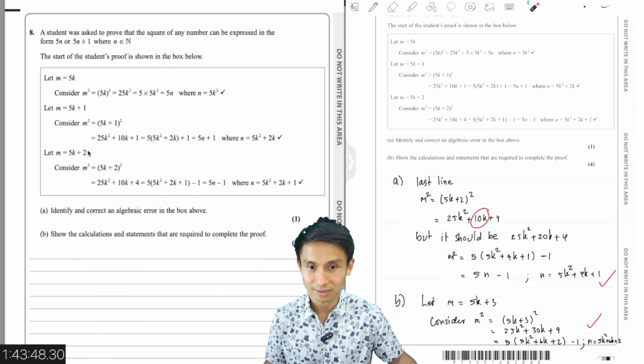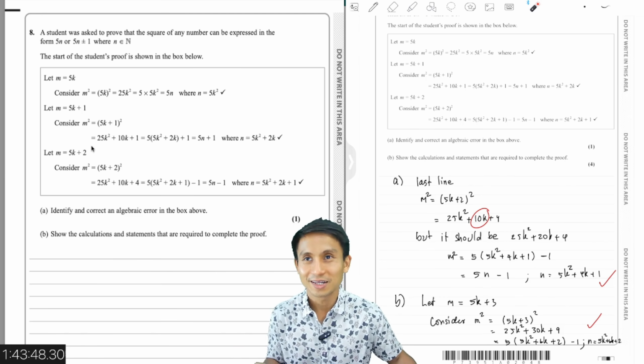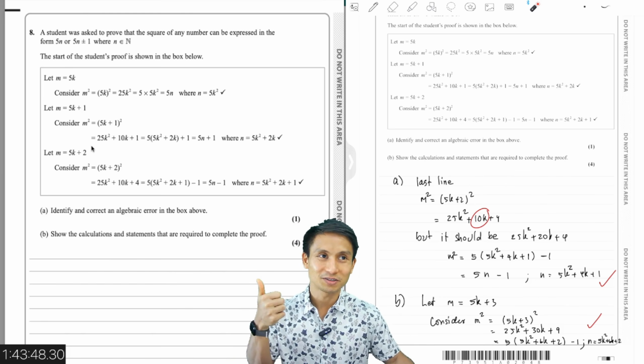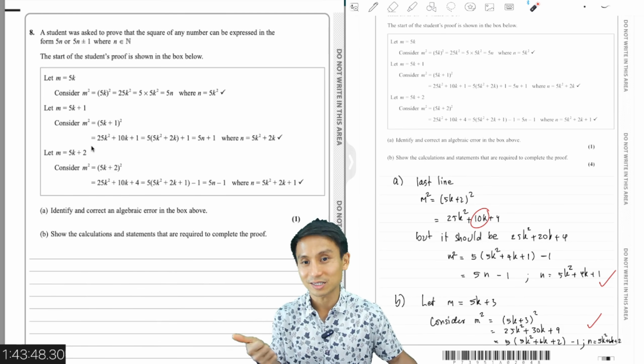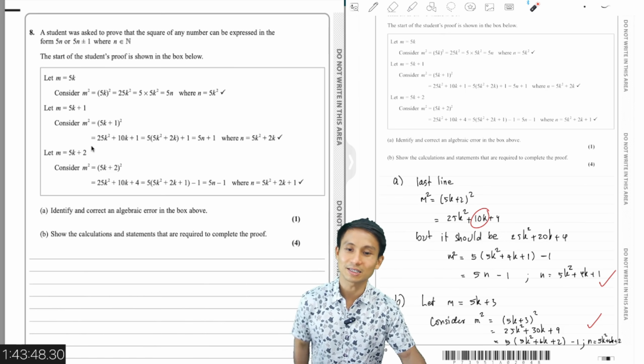That's it, 5 cases. If the question goes harsher, then you might have a multiple of 6. So you would have 6k, and then plus 1, 2, 3, 4, 5, 6 cases, right? And so on.